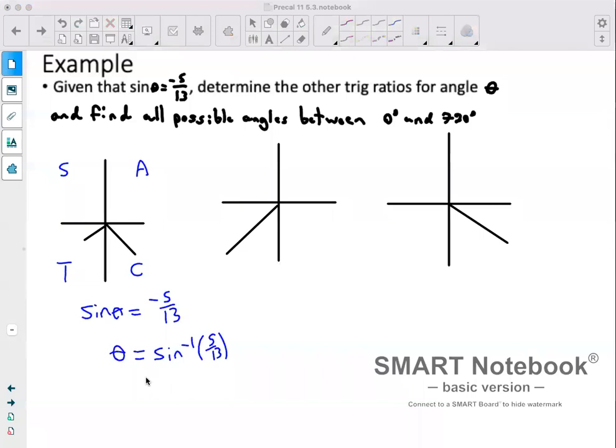That gives us a reference angle of 23 degrees. That's going to be 23, that's going to be 23.